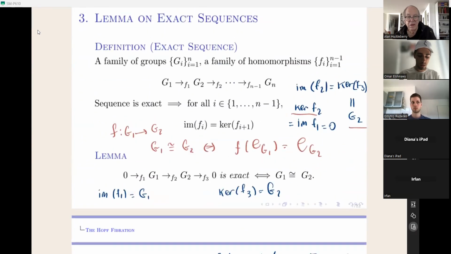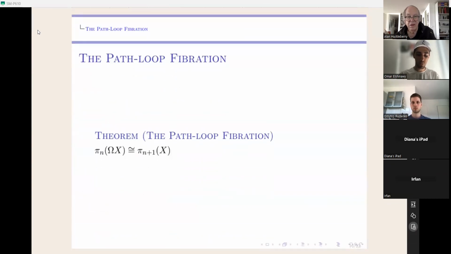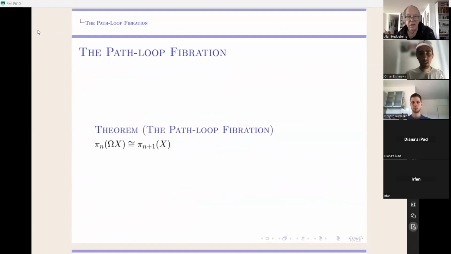And now we can go on and talk about the second fibration. We will still go back to the main theorem, which is with regard to how the fibrations induce long exact sequences. But let's approach this result in a similar fashion to the first one.